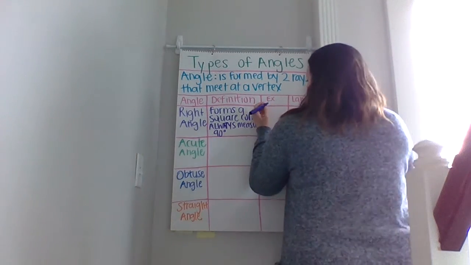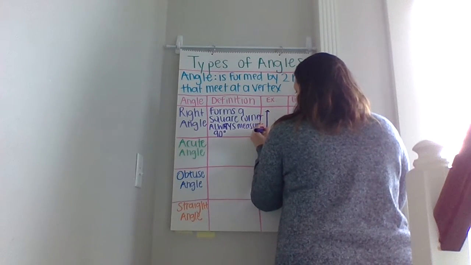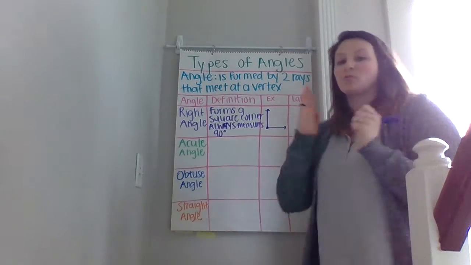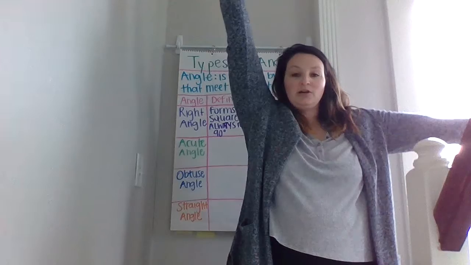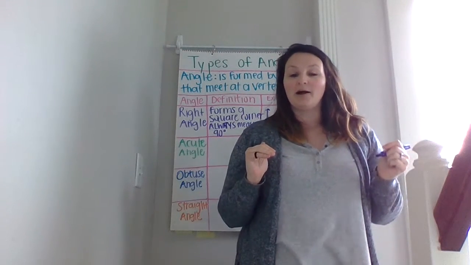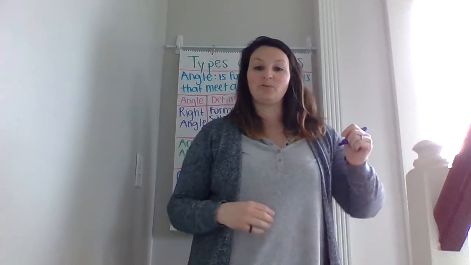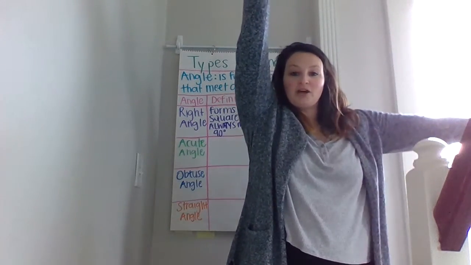So let's see what a right angle would look like. So our right angle has one ray that goes straight up and one ray that goes straight out. So just like we had body motions for our geometric terms yesterday, we're going to do the same thing today. So what I want you to do is put one arm straight up and one arm straight out.